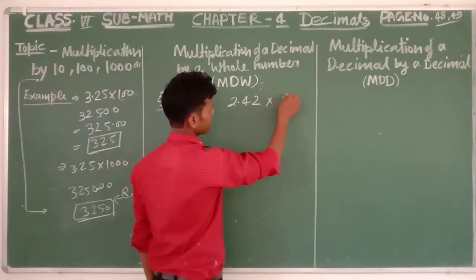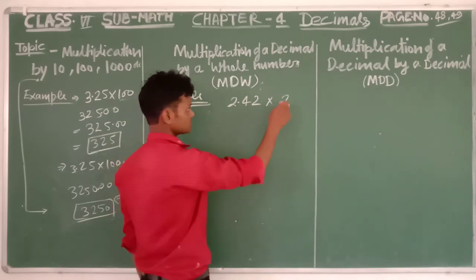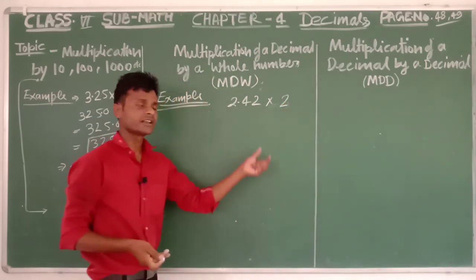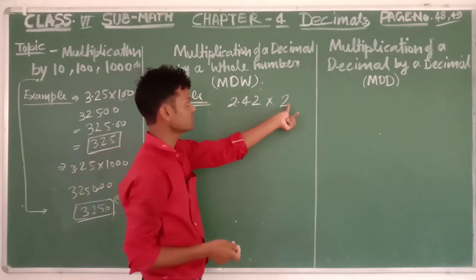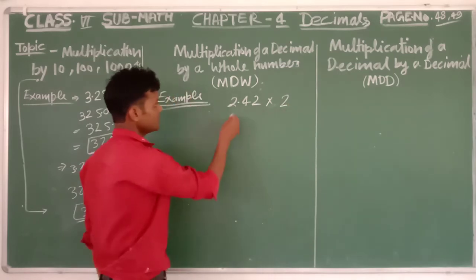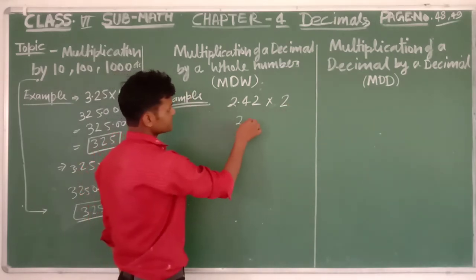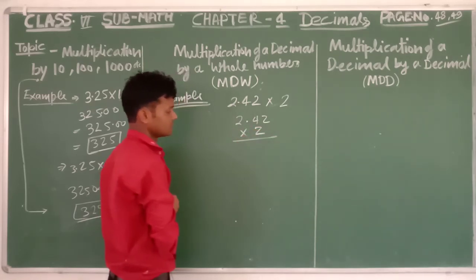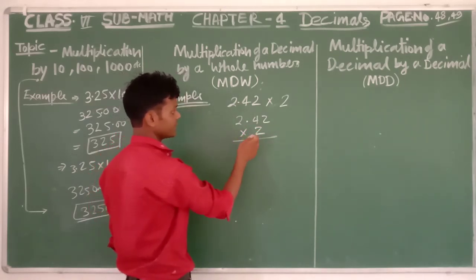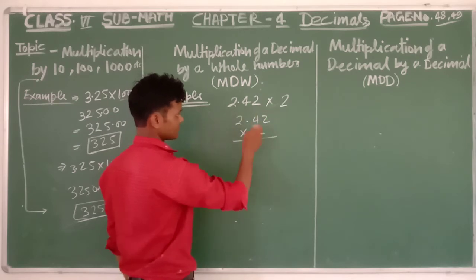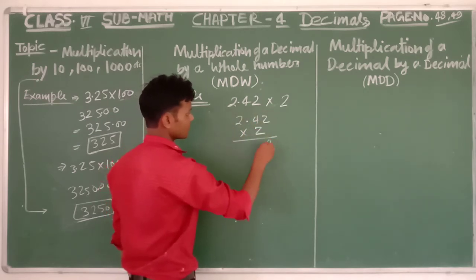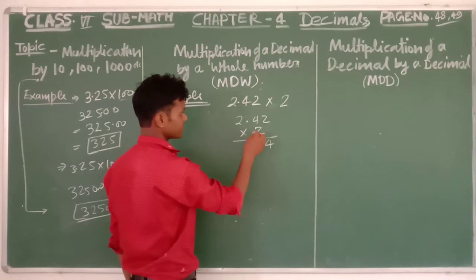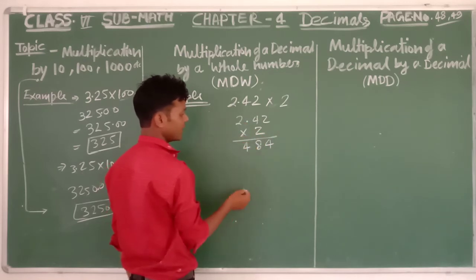You can take any whole number, 2, 4, 5, 6, according to yourself. So you write here this side and in this form, and now calculate. You count the table of this number: 2 2s are 4, 2 4s are 8, 2 2s are 4.